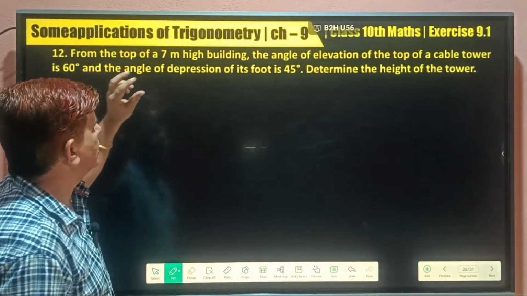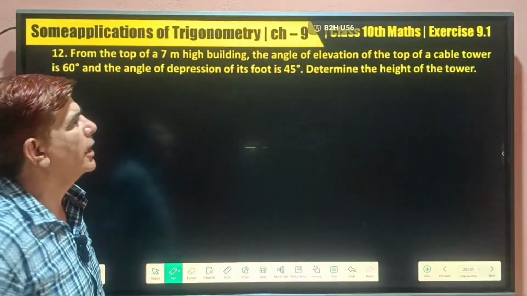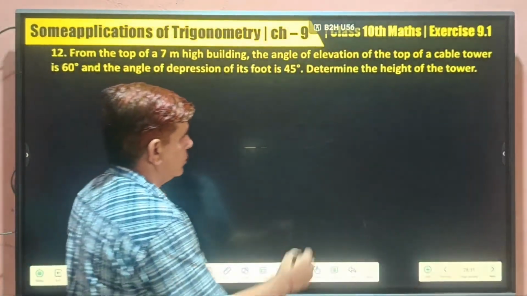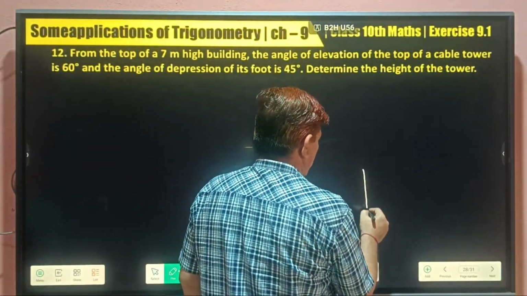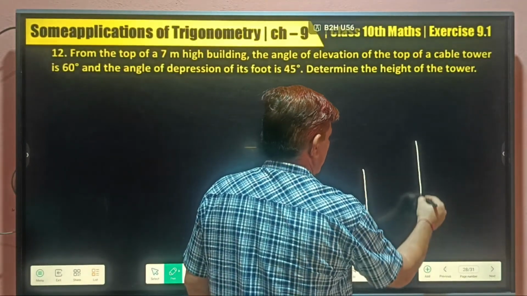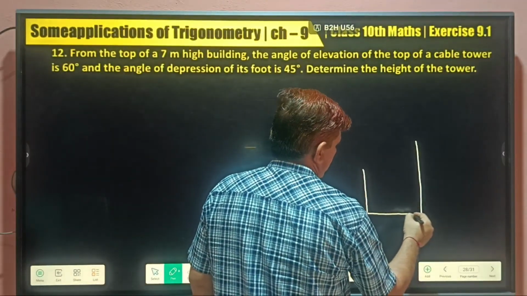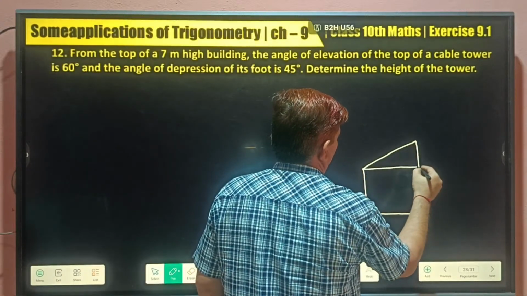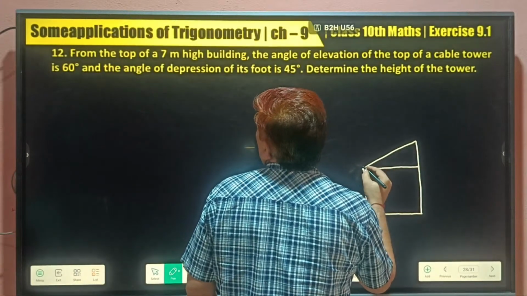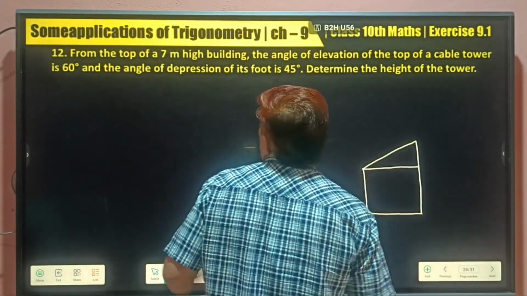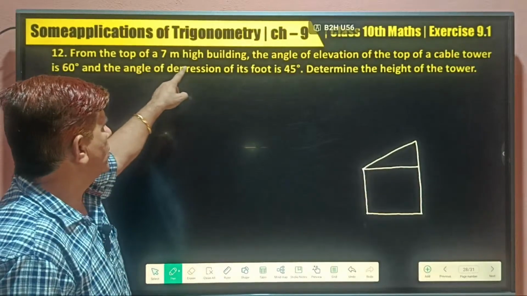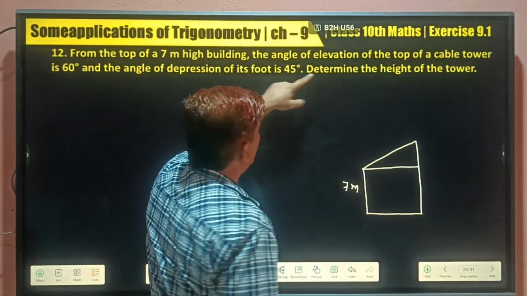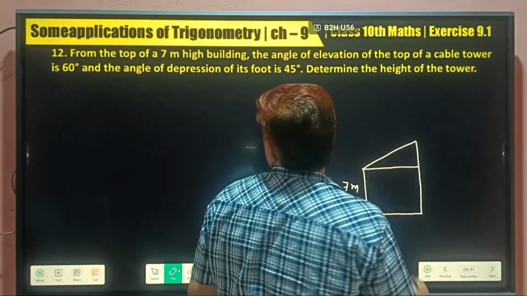From the top of a 7-meter high building, the angle of elevation of the top of the cable tower is 60 degree.